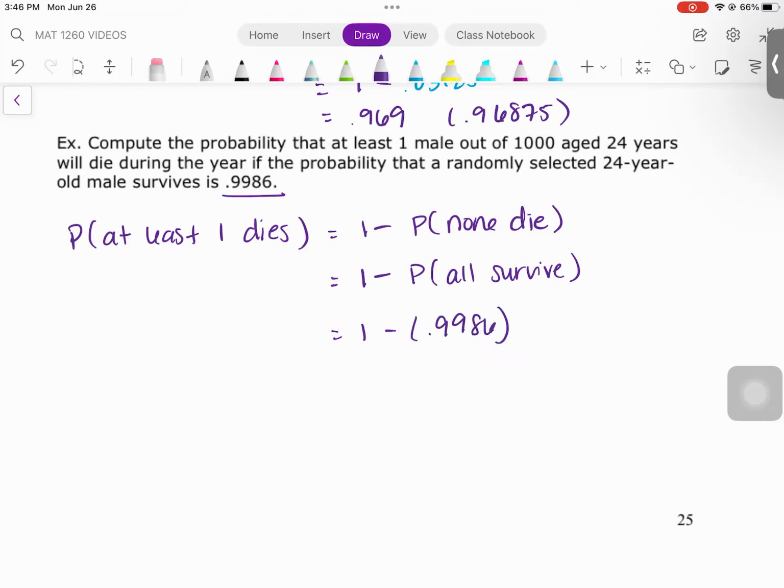So the probability they all survive is 0.9986 to the power of 1,000. So the probability that at least one dies is 0.754, which is a pretty significant probability, and we would expect that. You start thinking about 1,000 men, there's a good chance that one of them would die, unfortunately.